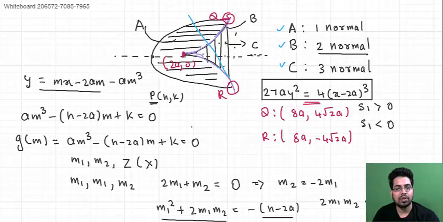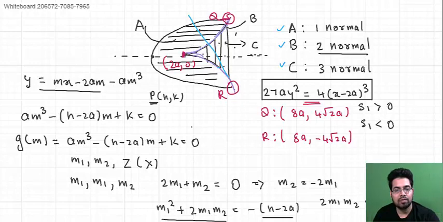The left out region is this region, which I have mentioned as region A, which has been shaded in horizontal black lines. This is the region from where we can draw one normal. That means we can specify something more.